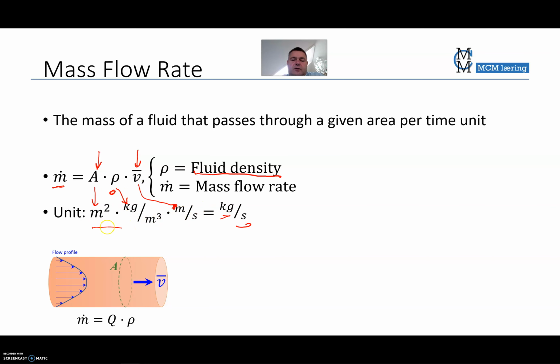So if we combine all those three, we end up with kilograms per second. Also, it's very much as the volumetric flow rate. The only difference is we now introduce the density. So it's the volumetric flow multiplied by the density.